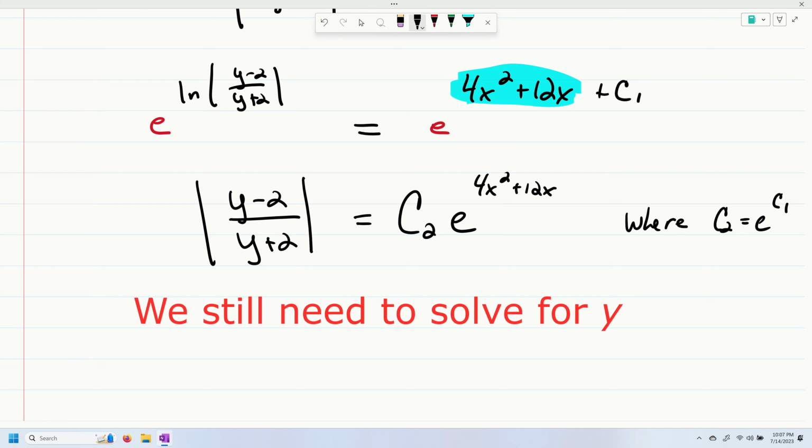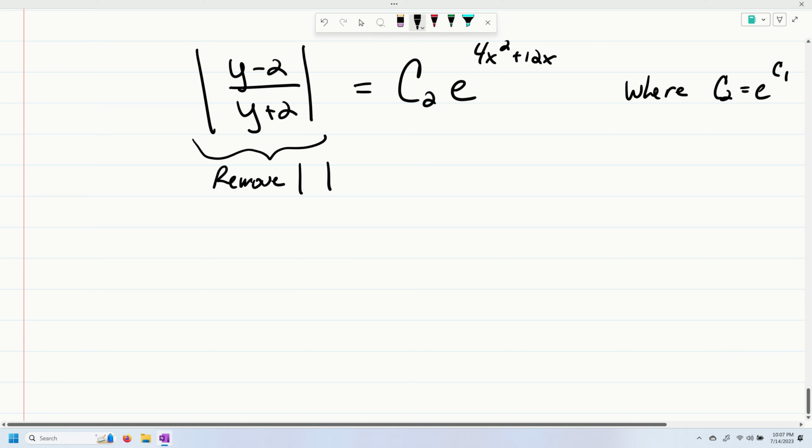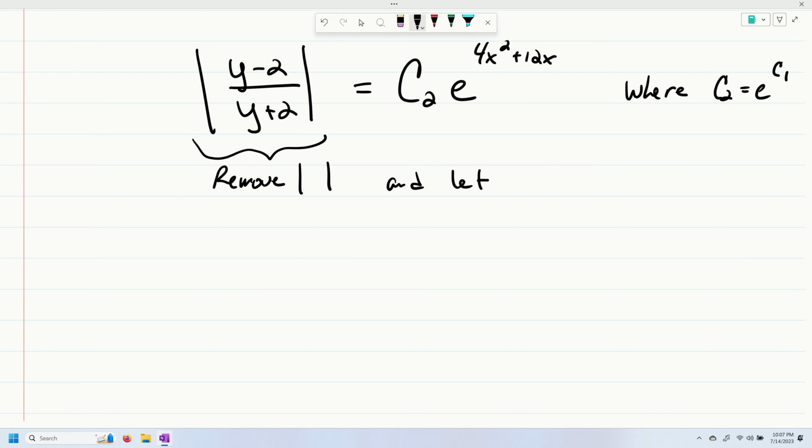So now the big question becomes, we've got to remove the absolute value. And when we do that, we can let c2 be either positive or negative. So we're going to remove the absolute value and let c2 be either positive or negative. All right. So here's what we're going to do.